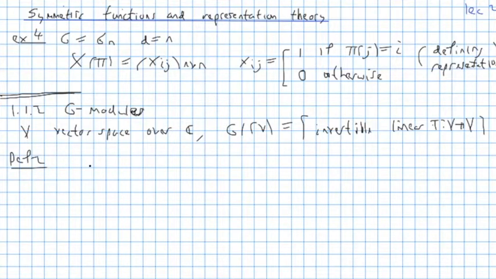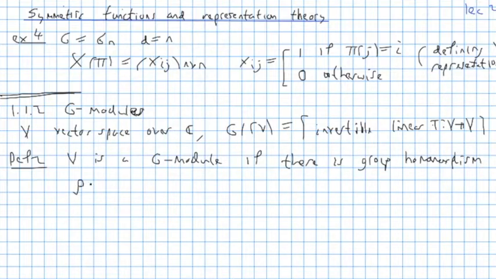So our second definition. We say that V is a G module if there is a group homomorphism rho from the group to this set of invertible linear transformations, GLV.